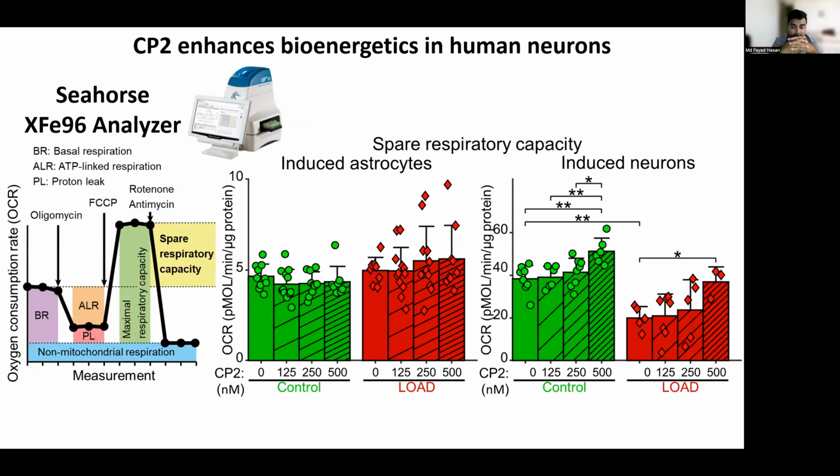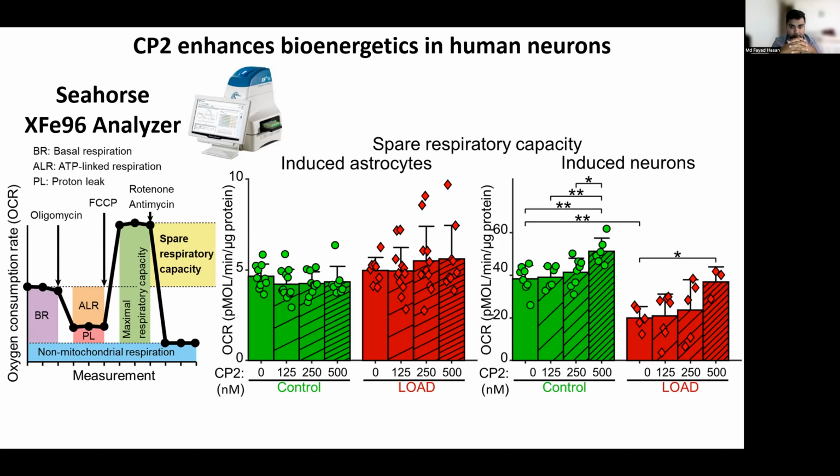And at the end, we also did this experiment with a Seahorse, which is a machine. As we are saying, mitochondria produce energy, so this indirectly shows how much energy mitochondria produce. In simple words, it shows the mitochondria's preparedness for upcoming energy stress. How prepared are the mitochondria for upcoming energy demand?